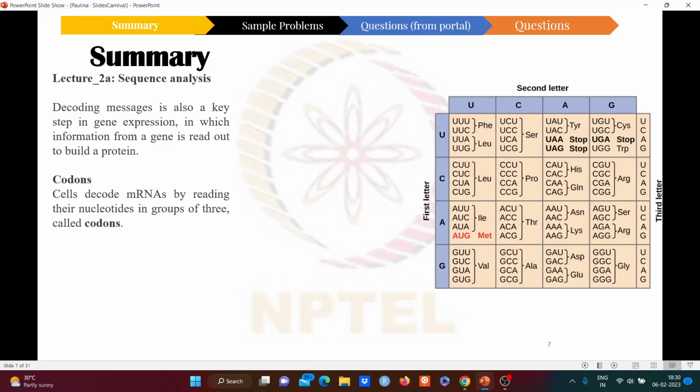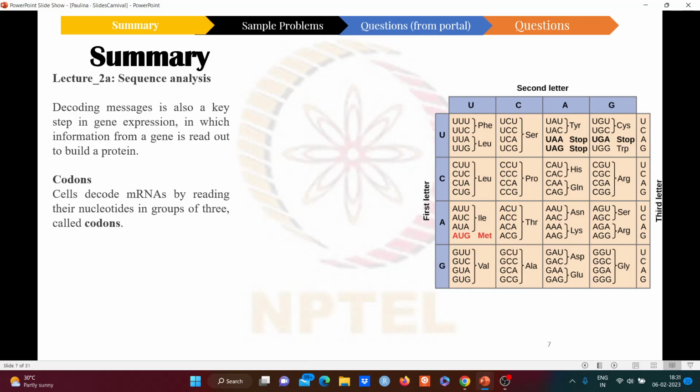So when we have an mRNA, sets of 3 are considered, and these codons in mRNA are read during translation, beginning with a start codon and continuing until a stop codon is reached. When we encounter a start codon, translation starts, and when we encounter a stop codon, translation stops.